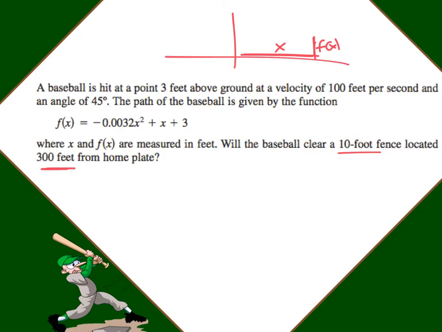All right, so all I need to do is substitute in 300 for x. So now I need to find f of 300. F of 300, what do we got? We get 15. So we got 15 feet. When it went out 300 feet, it is 15 feet in the air.